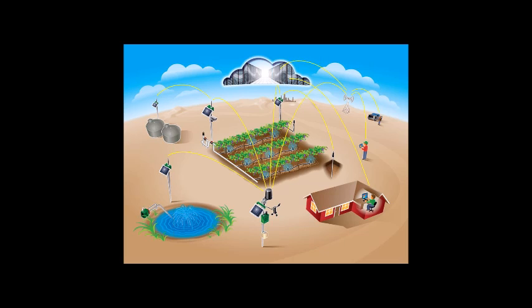So that's a quick overview of our architecture. Key points: we do monitoring and control, weather, soil moisture monitoring, irrigation control, pump control, all types of water-related monitoring.